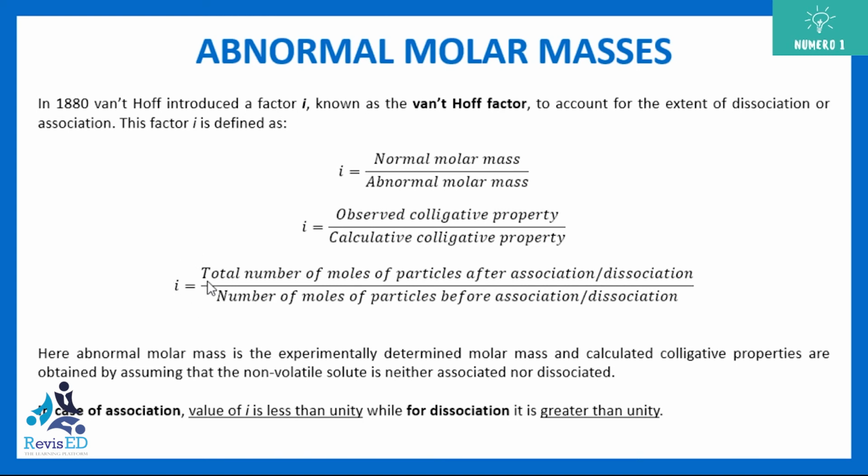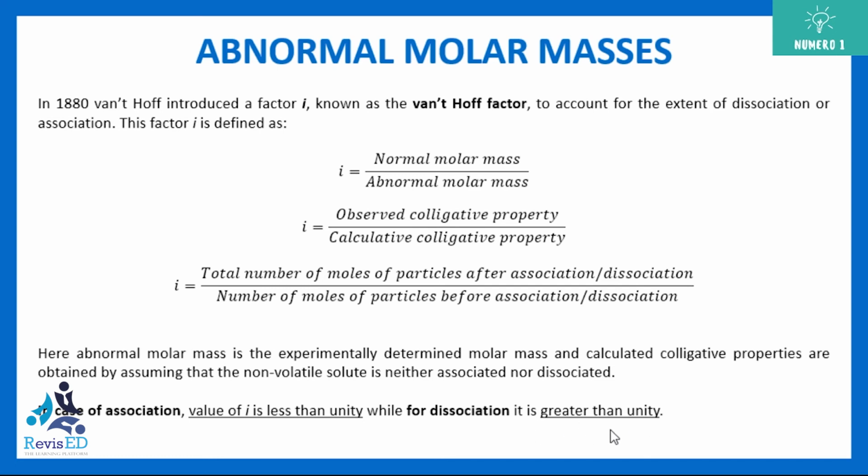This is the one we will try to use, as most of the numericals will be based on this one. Otherwise you should know these other definitions. Now remember, this i, in case of association, has a value less than 1, and for dissociation, the i value is greater than 1.